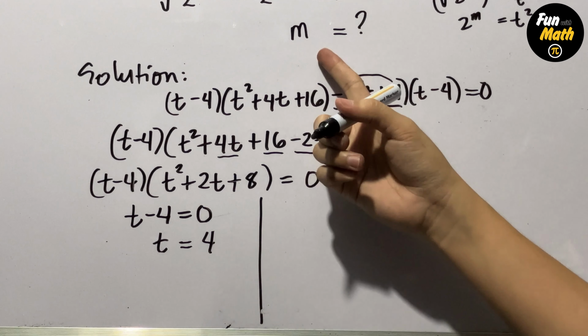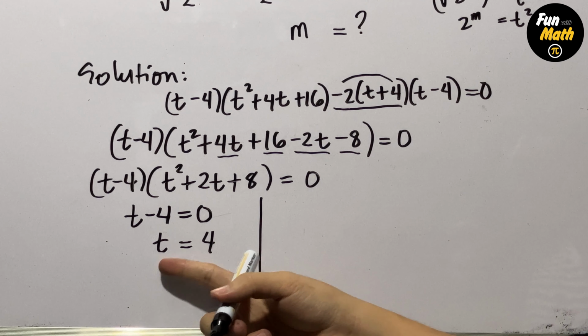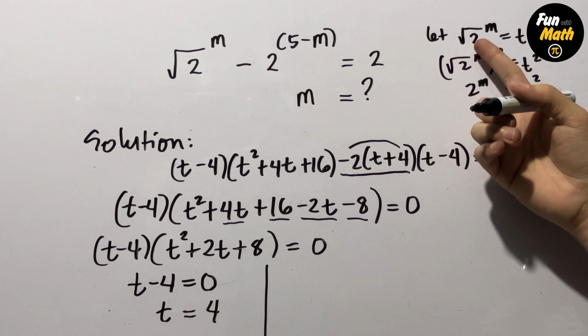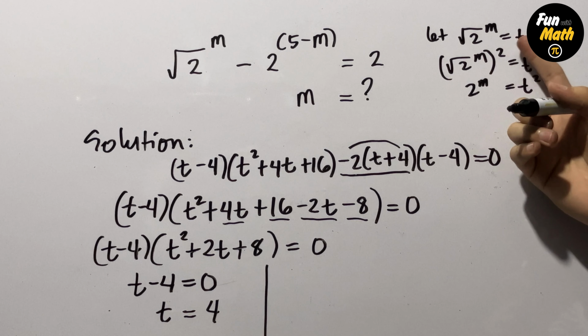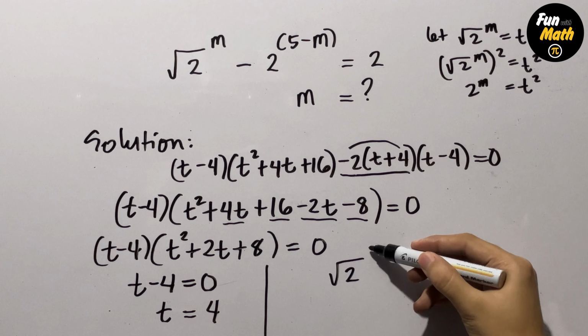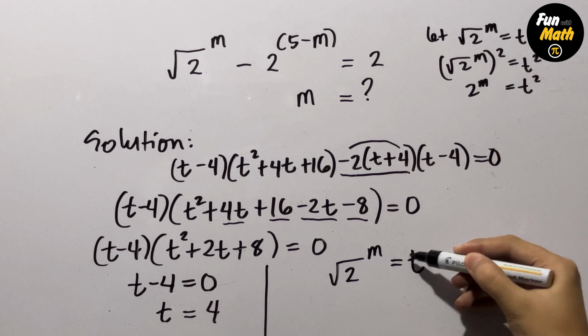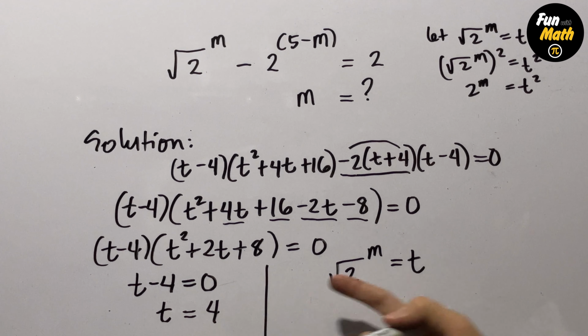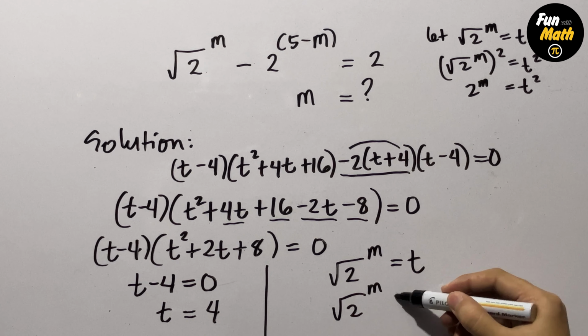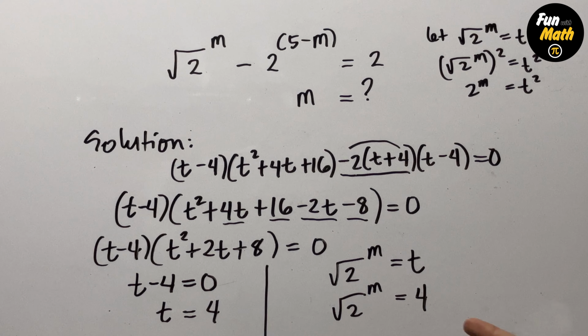Now, for finding m, using the value of t, which is equal to 4, earlier we let square root of 2 to the power of m be equal to t. So let's use this. That is square root of 2 to the power of m is equal to t. Now replace it with 4. So this is now square root of 2 to the power of m is equal to 4. And then we can write 4 as 2 squared.